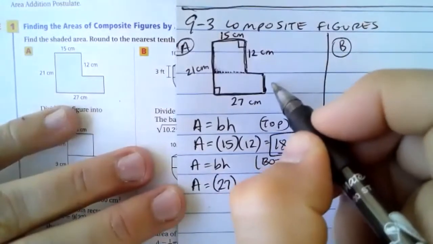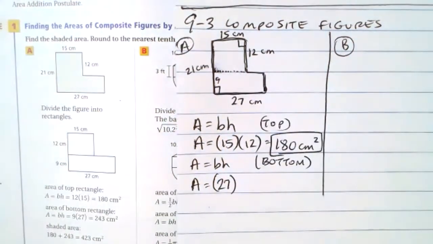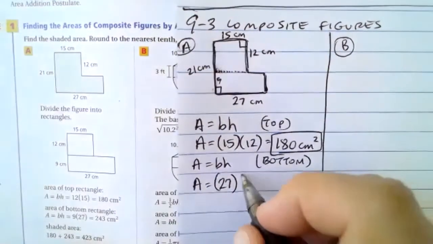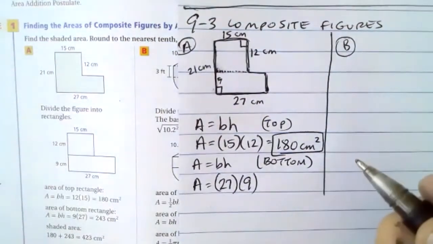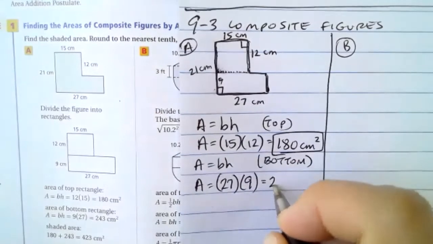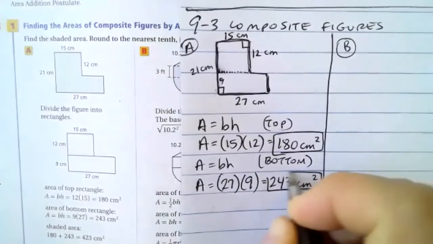So this section is 9, and that means over here, this section must be 9 too. So I'm going to put a little bitty 9 right there in the corner. All right? And so we've got 27 times 9, which is 243 centimeters squared.